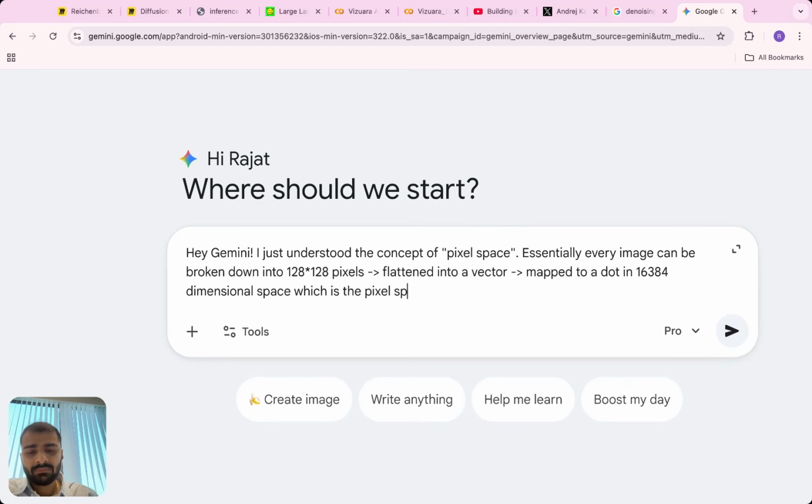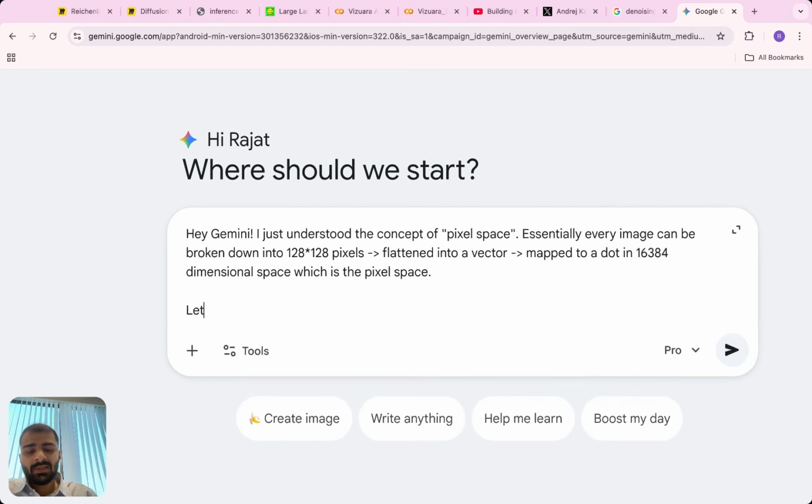Okay, let's say I have images of Chinese symbols as my data set.